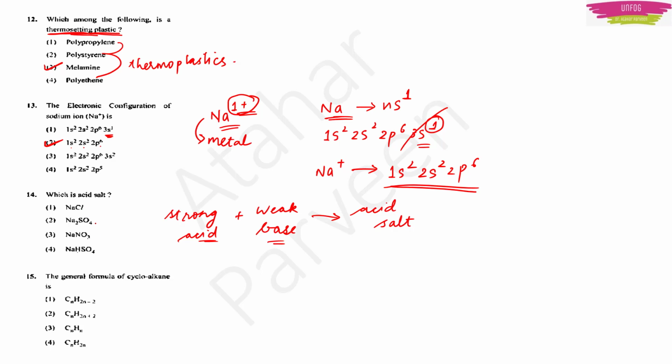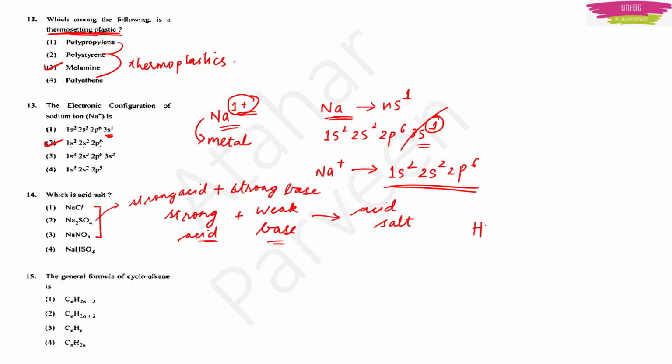These three salts, NaCl, Na2SO4 and NaNO3, are actually formed by the reaction of strong acid and strong base. For example, let me tell you the formation of NaCl.